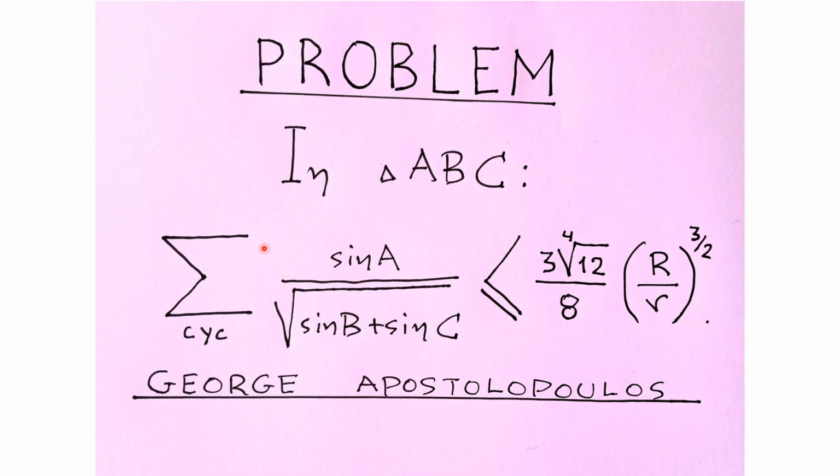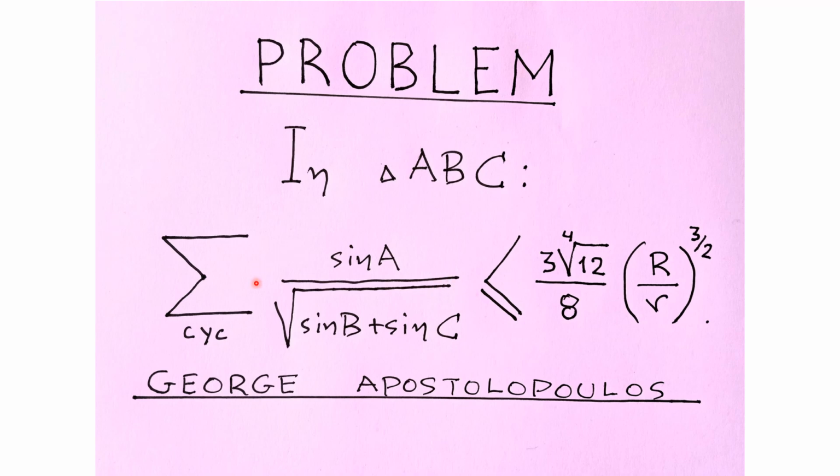The problem is: prove that the sum, cyc, where cyc refers to cyclic and means that this value will be repeated frequently, so that the first term is sine A over root of sine B plus sine C, and the second term is sine B over root of sine A plus sine C, plus, and the last value is sine C over root of sine B plus sine A, as we will see later.